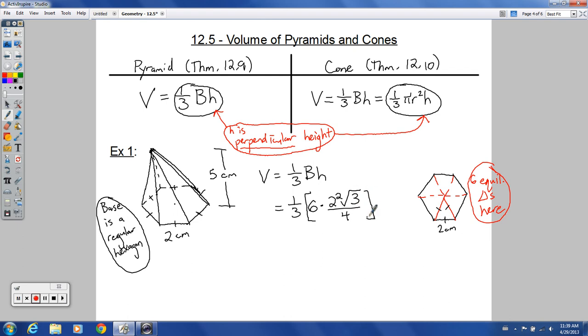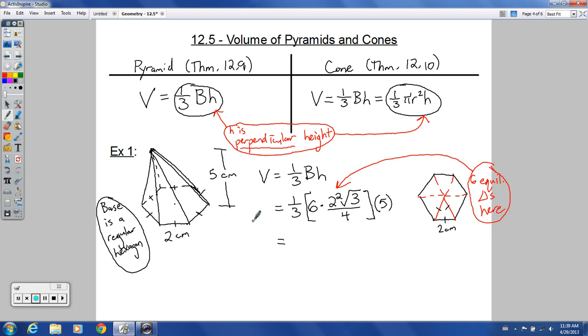And I guess I didn't really need to put that in brackets. Brackets, though, are just special parentheses. So I have 6 equilateral triangles here. Let's take this and put that over here. That's where this whole thing comes from. And we have that now times the height. The height is 5. Height is the perpendicular, or straight up and down parts.